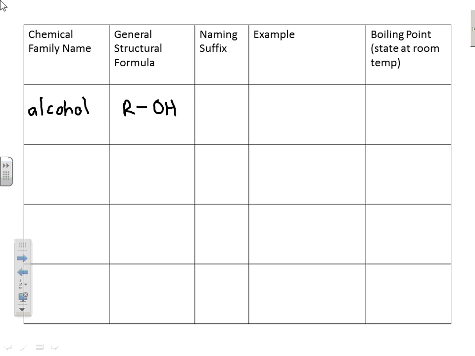The naming suffix is, I was going to put a dash "ol", like methanol, but just "ol". We'll write "ol". An example, CH3, CH2, OH.